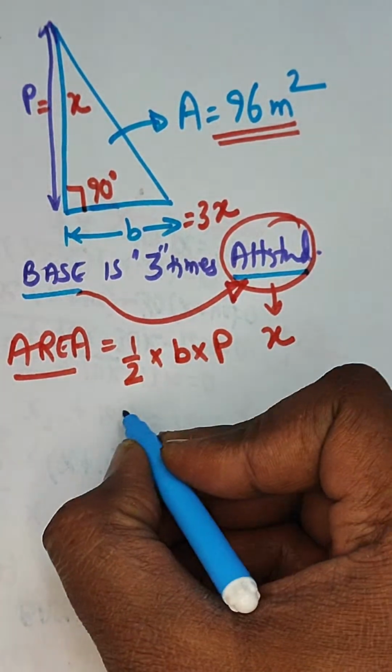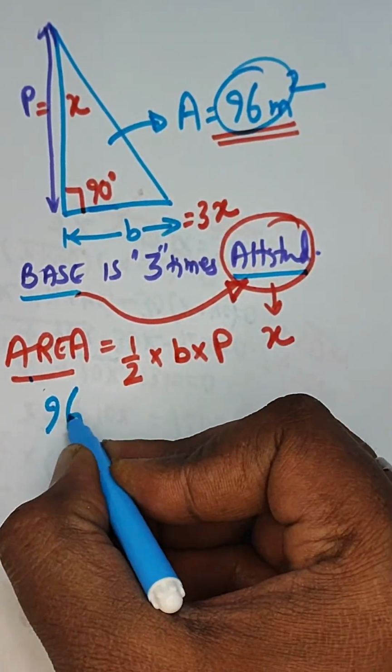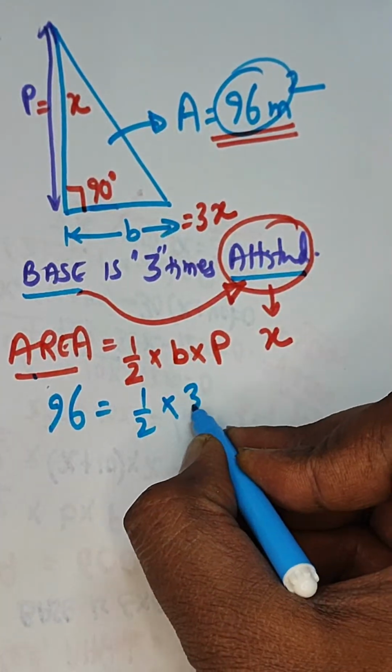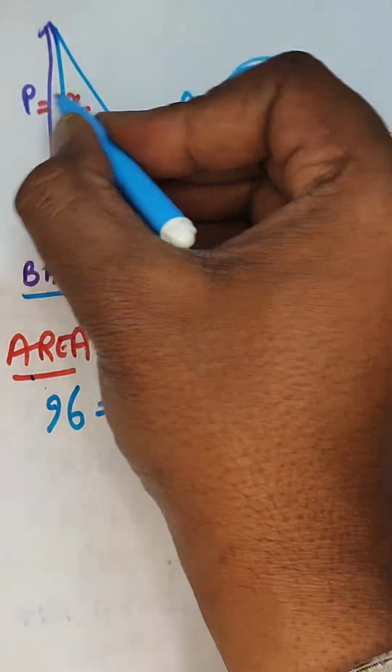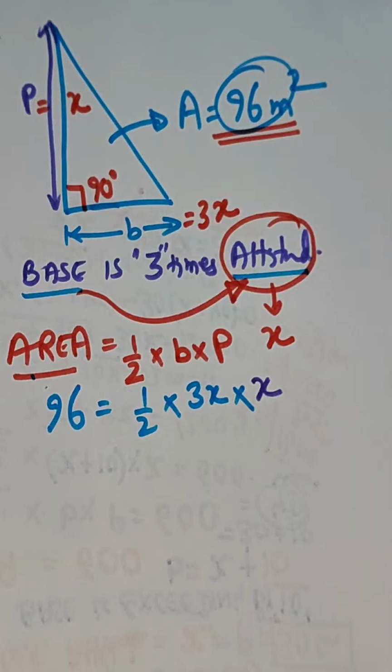So here we have the value of area, put it over here, 96 equal to half into base. Base is nothing but 3x, right? What is perpendicular? Perpendicular is nothing but x, that altitude, right? Now just solve it.